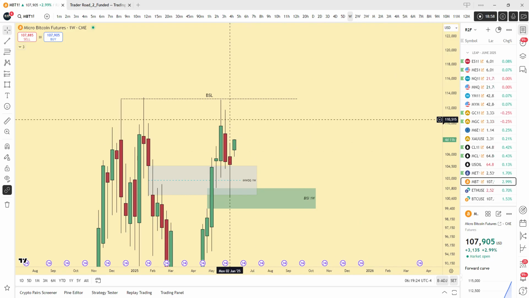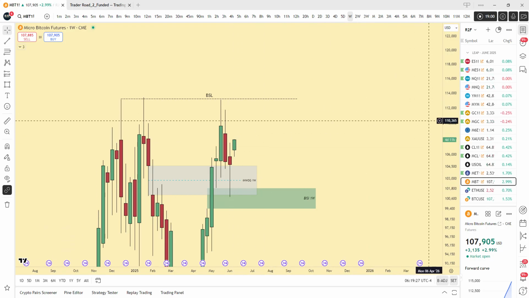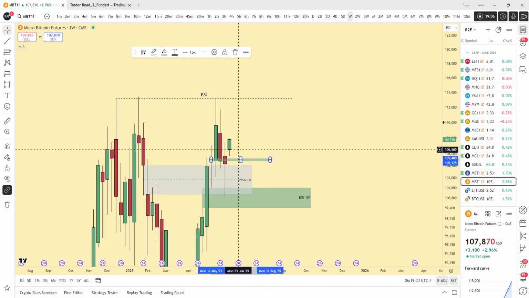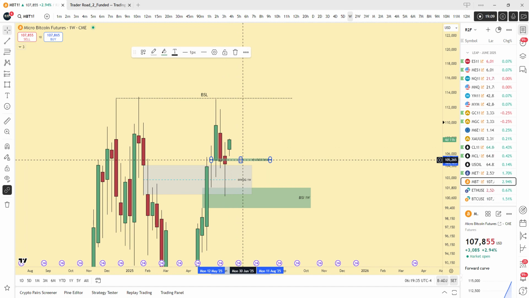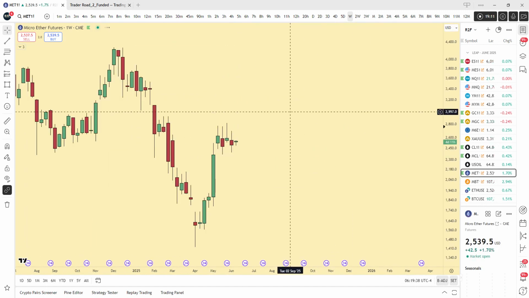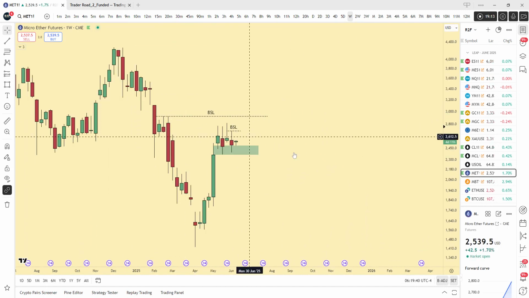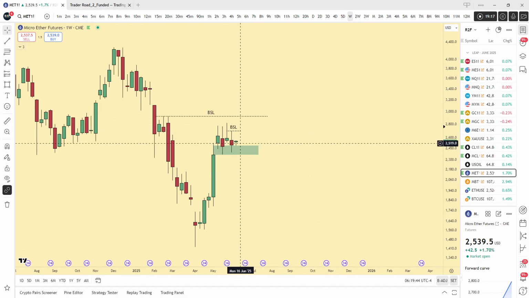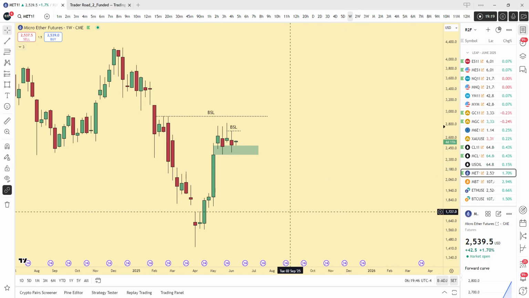You know what I mean? It's just right there, dude. It's right there. And this little, it's a green candle, but it's kind of like an inversion breaker. So yeah, that's quite interesting. So that's why I'm targeting this area here, those equal highs. I don't know if it'll go lower, but we'll see.